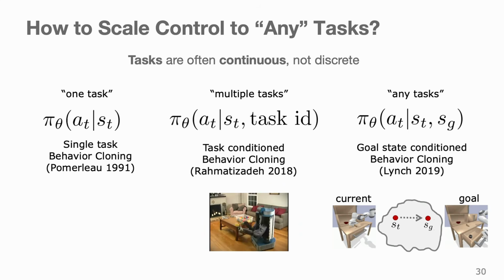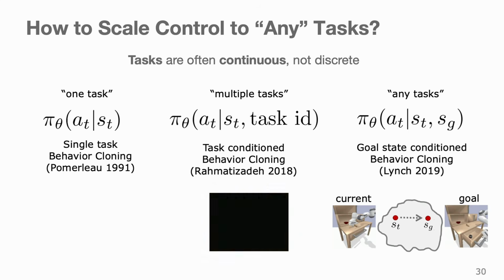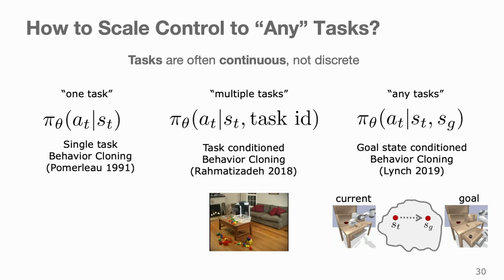And so, in principle, we would want our robots to learn the full spectrum of skills that are available in the environment. And so this motivates having goal reaching as an objective, where we define a policy that ends up reaching any desirable goal state from any other initial state in the scene.